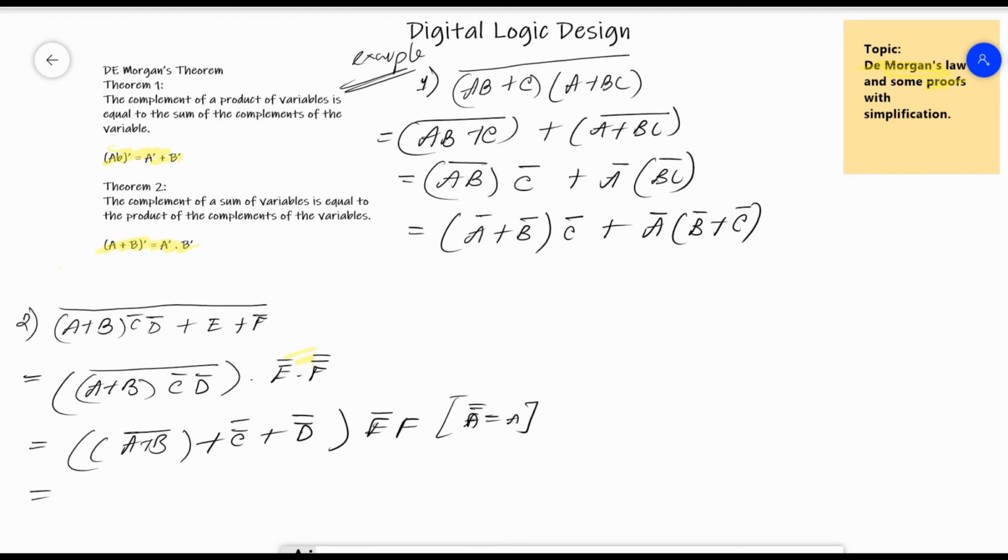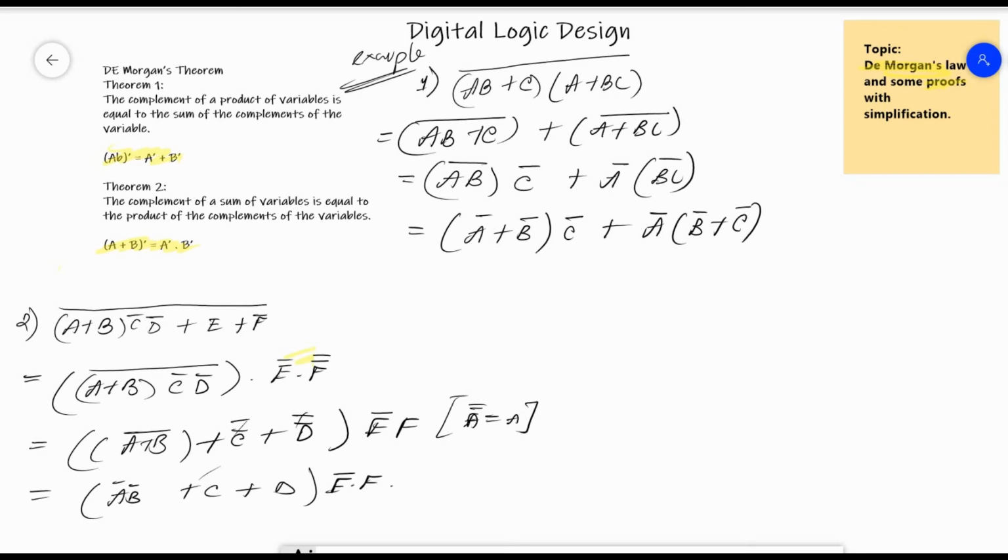So here we implemented theorem 1 expansion. Now we can again rewrite it as a bar b bar plus c plus d, as the bars cancel out each other. So we have this one, and e bar into f. So this equation looks a bit more simplified from this one using De Morgan's theorem.